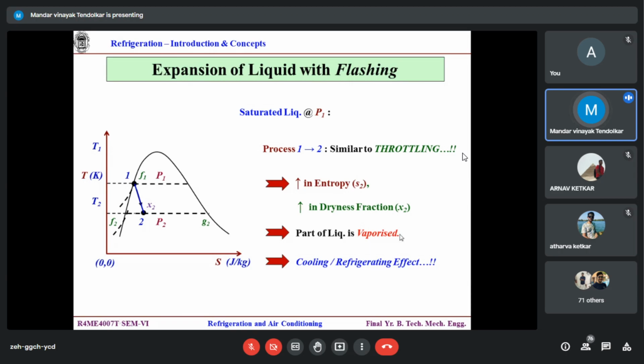This gives a clear picture that a certain part of the liquid is vaporized. It is a two-phase mixture over here: certain part is liquid, certain part is vapor.